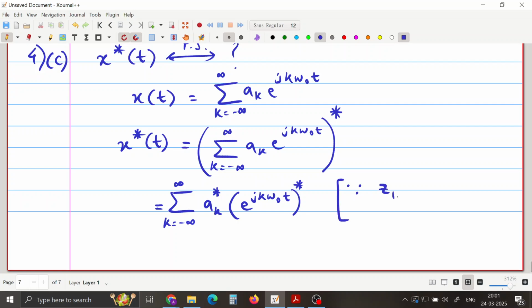Because I know if I have some z1 and z2 complex numbers and I have to take the complex conjugate of their product, then it is simply z1 star times z2 star, for all z1, z2 belonging to the complex number set. Okay.